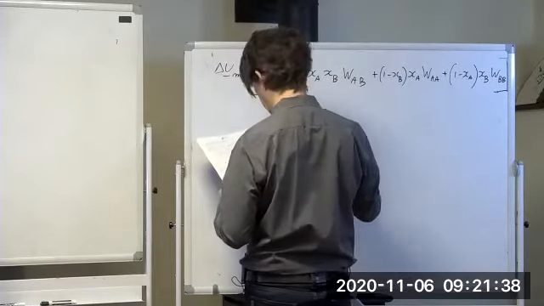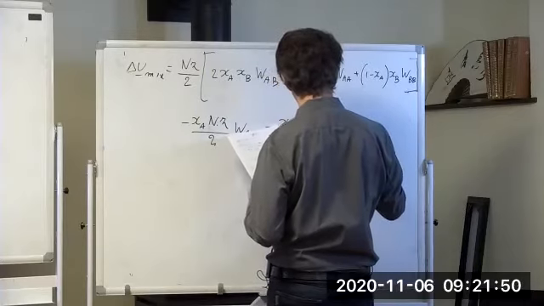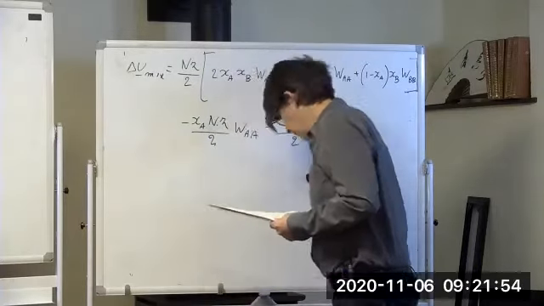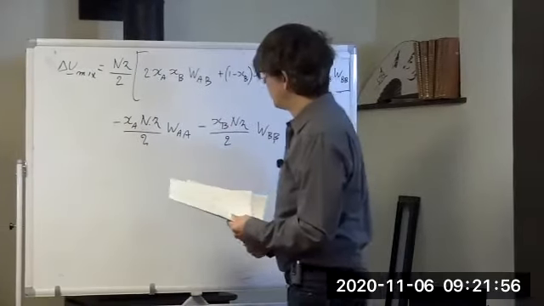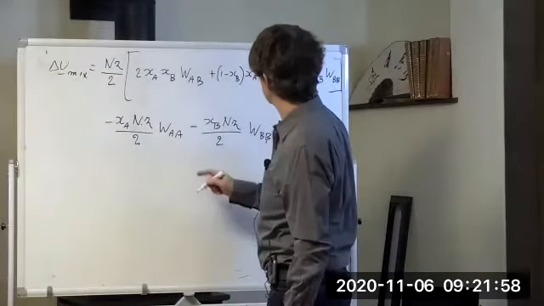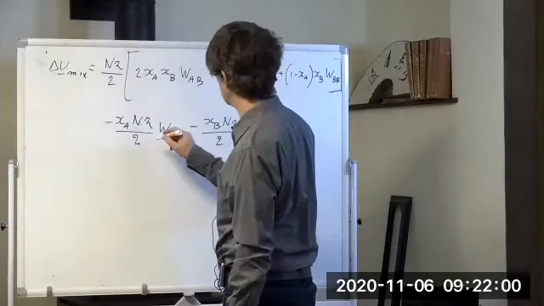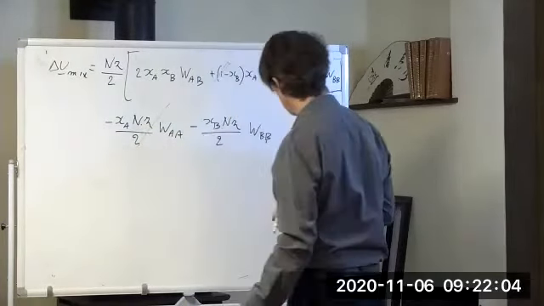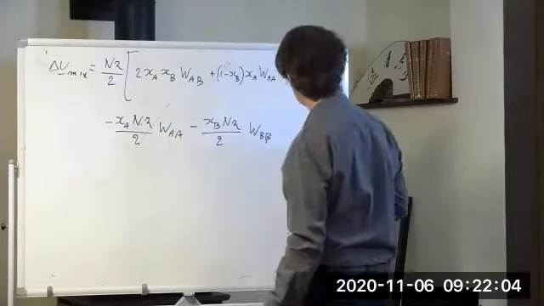So that's it for A, minus XB times NZ over 2, times WBB. And now there's a few terms here that cancel, right? This term here cancels with this one here. And this term cancels with this one here.